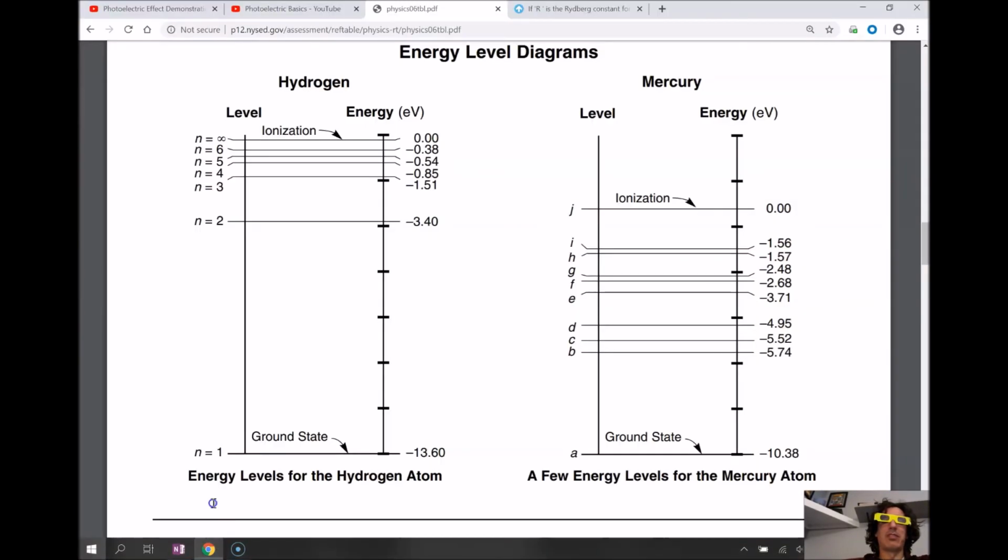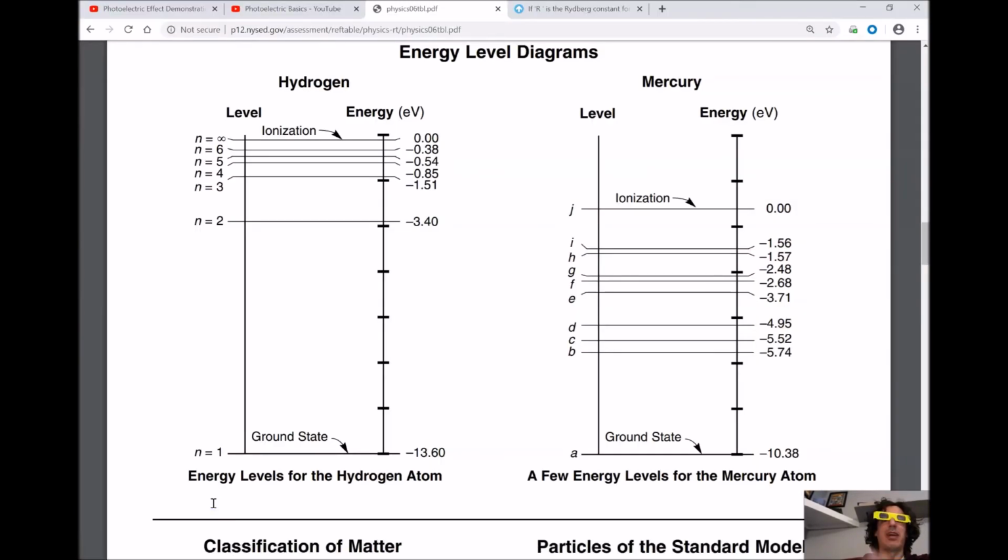When we look at our reference table, if an electron goes from n equals 3 to n equals 2, the change in energy will be negative 1.51 electron volts minus negative 3.40 electron volts.